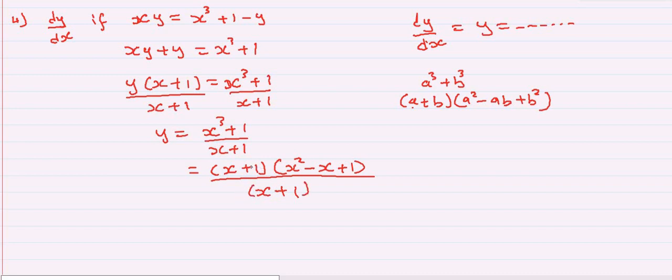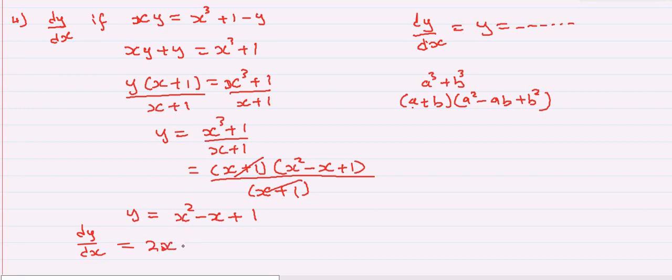So far we haven't found the derivative. We are just trying to simplify what we are given. Then x plus 1 cancels out x plus 1. Our y will be equal to x squared minus x plus 1. Now we can find dy over dx using the rules. Derivative of x squared is 2x.